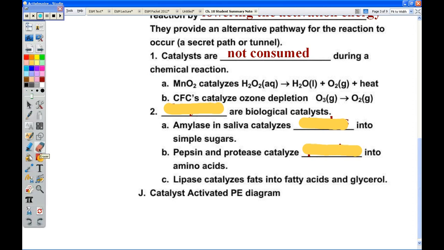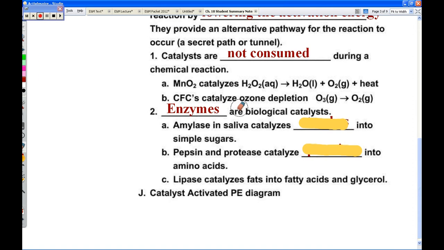Okay, you guys know this one. What's going to go in this blank right here? Yeah, enzymes. Enzymes are biological catalysts. Okay, we have them. If you have done the saltine cracker, you guys done that saltine cracker where you chew on a saltine cracker for a really long time?